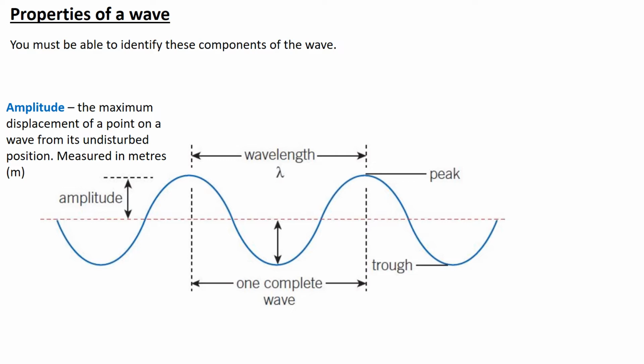Wavelength, and that funny sign there is called lambda. Wavelength is the length of one complete wave. Now you can measure that from peak to peak of your wave, or trough to trough, or the 0 here to the 0 here.